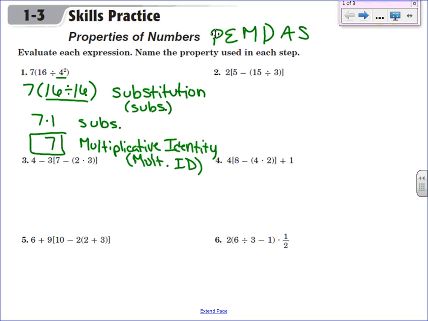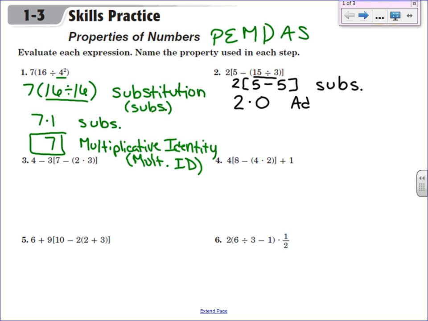Alright, and number 2, we have 2 sets of parentheses, so within the square brackets we have to do what's in the parentheses first. 15 divided by 3 is 5. And what I've done is basically just substitute what 15 divided by 3 is, substitution property. 5 minus 5 is 0, and that's the additive inverse.